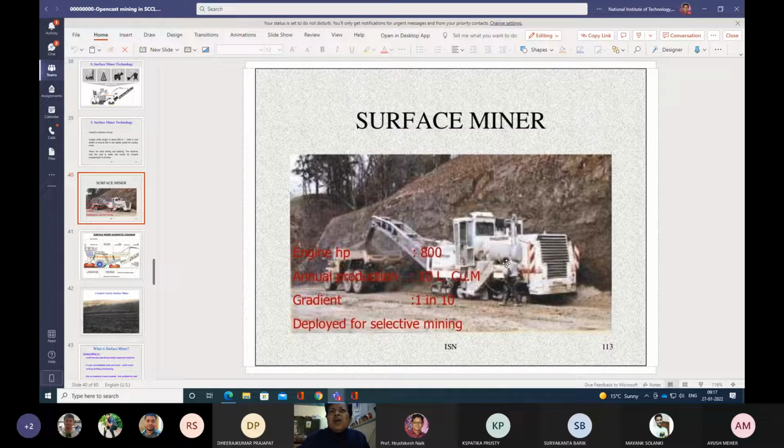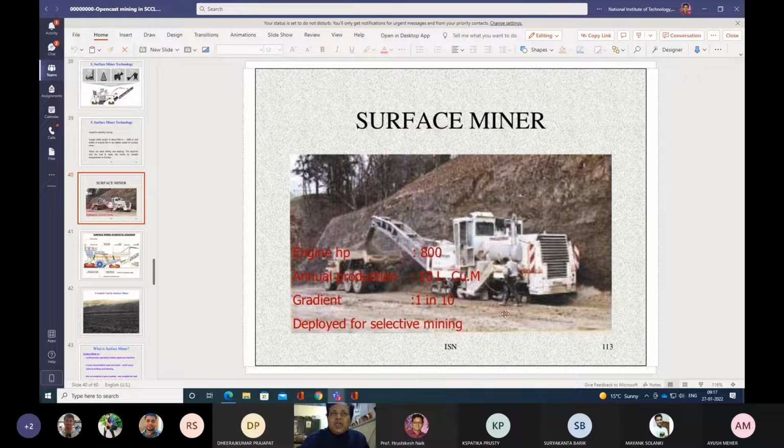Annually, this surface miner can produce 10 lakh cubic meter of material because it has an engine horsepower of 800 capacity. This machine can be used on a flat deposit up to a gradient of 1 in 10. Usually the coal deposits are flat, horizontal deposits, so not much gradient is there.